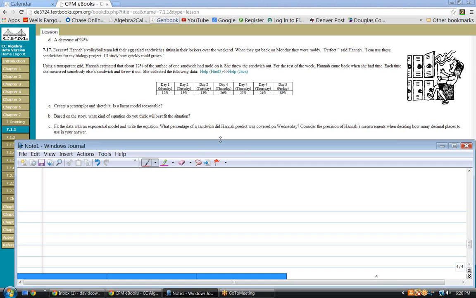She threw one of them out. Came back on day 2, checked somebody else's sandwich, and it had 15% mold on it. So if I do a scatter plot, with this being the days and this being the percentage mold, on day 1 it was 12.